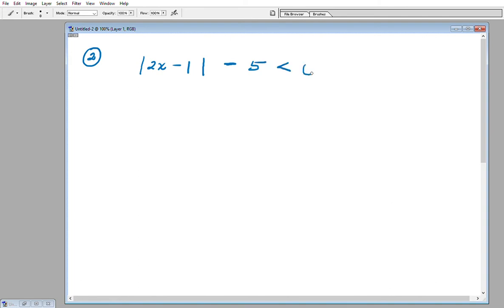Just to make it a little bit different, you have to start by isolating that absolute value. All right, so in other words, just bring the -5 over to the right as 5. Okay, and then continue from there. So you do this one. And you can write in the answer in the chat.